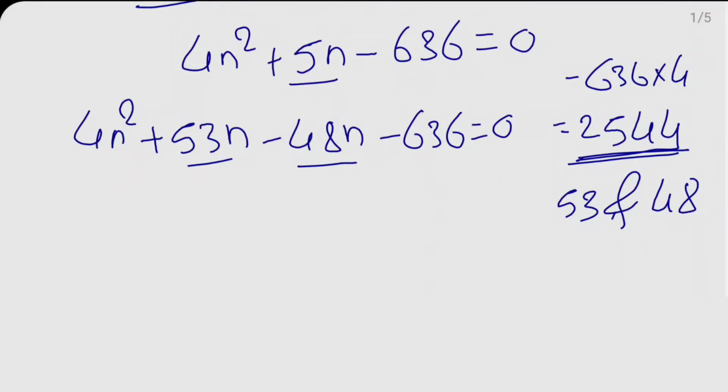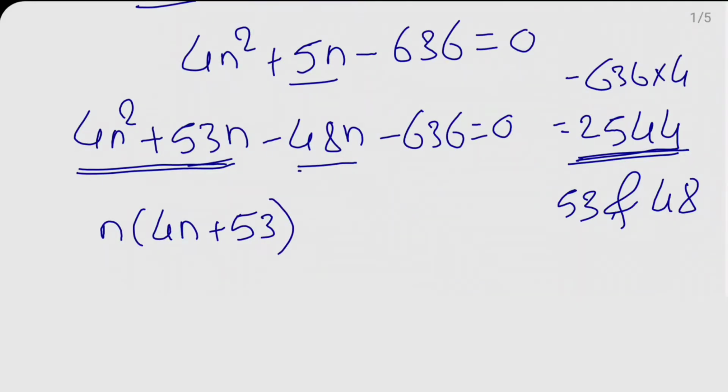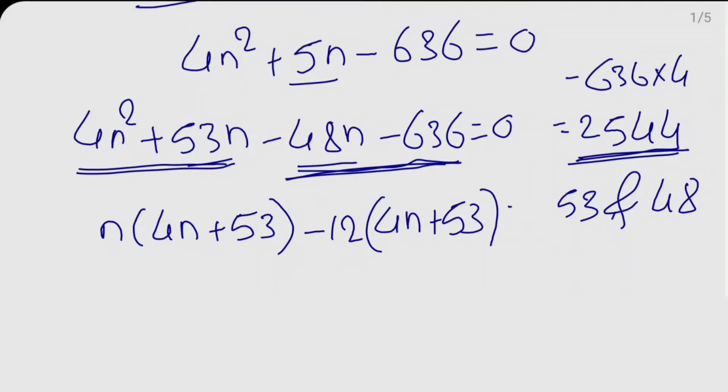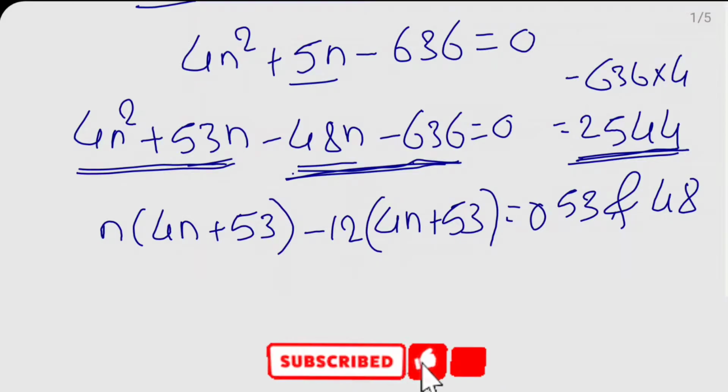Is it clear? And now in these two terms I will take n common, so take it outside, remaining 4n plus 53. And similarly here also in these two terms I will take minus 12 common, so the remaining term is 4n plus 53, and this equals 0. 12 into 4n is 48n and minus 12 into 53 is minus 636.